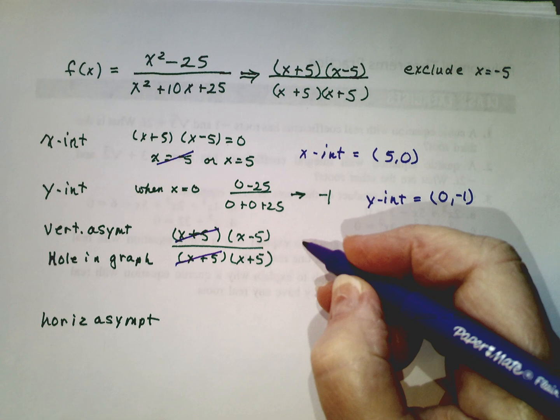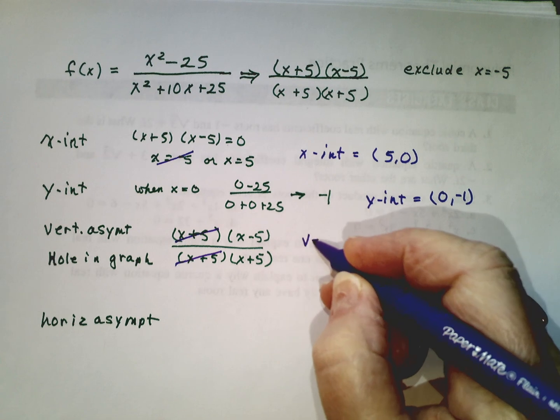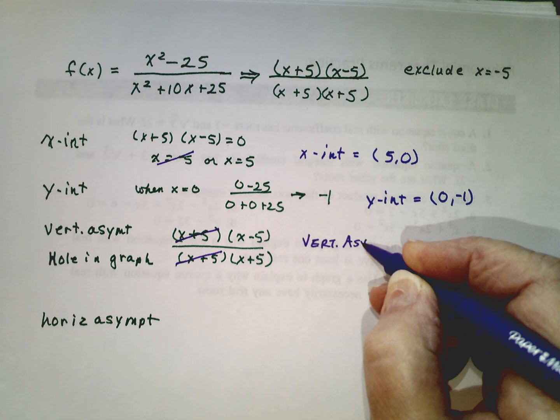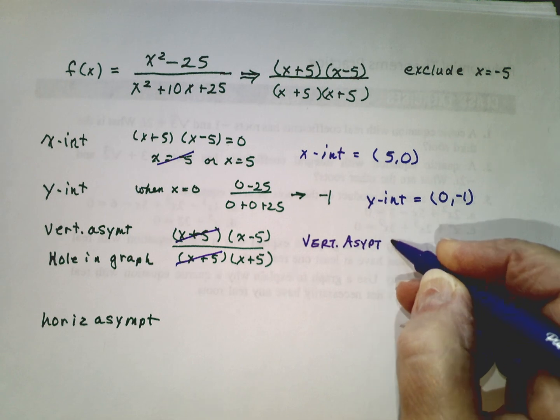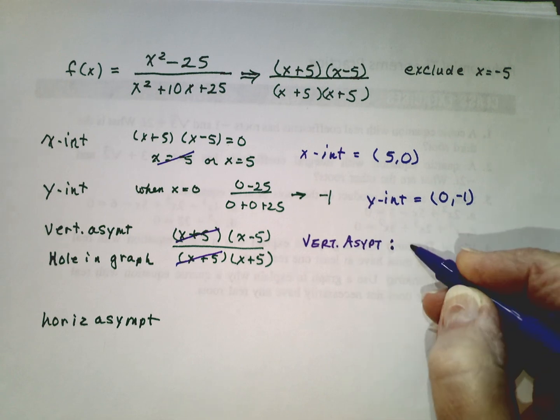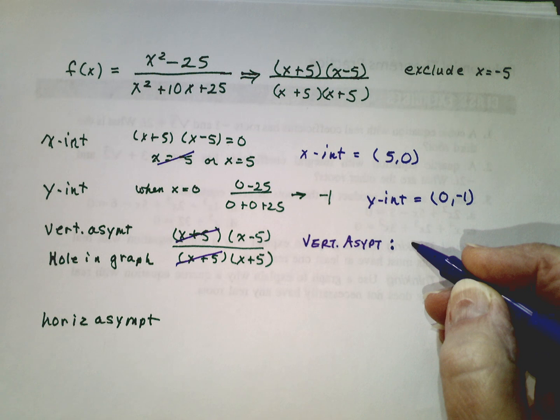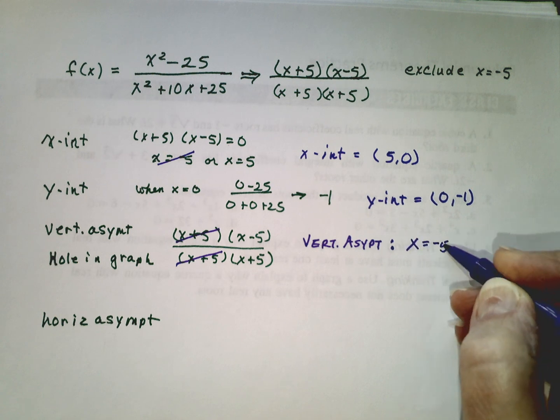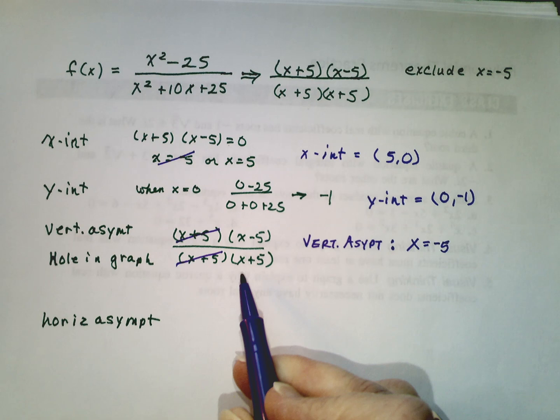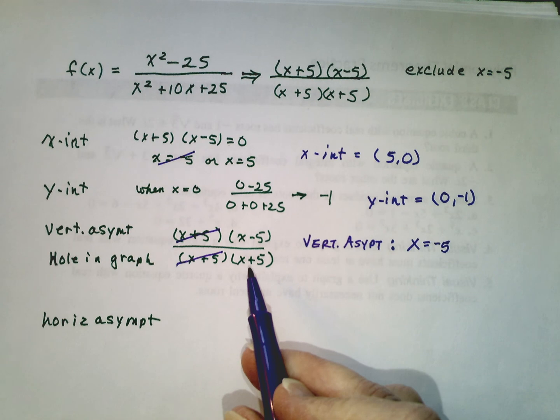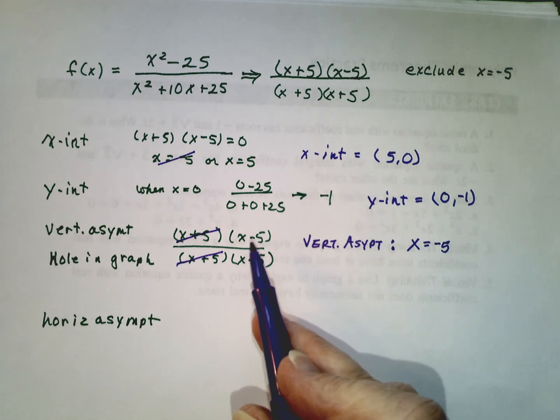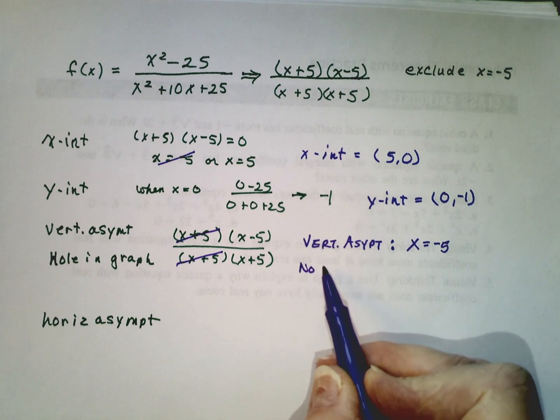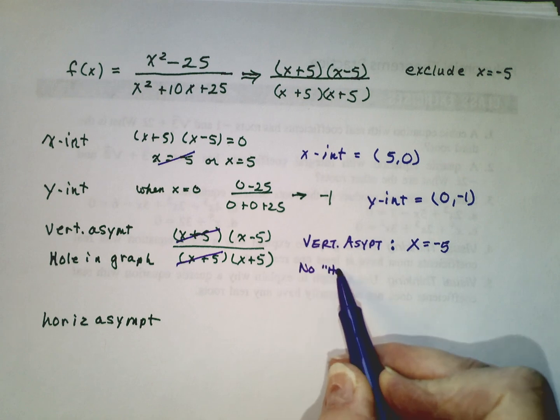So we have a vertical asymptote because that x plus 5 did not cancel out. And the vertical asymptotes are lines, so it's going to be x equals -5 because that's what would make the denominator equal 0 here, but it would not make the numerator equal 0. And there are no holes in the graph.